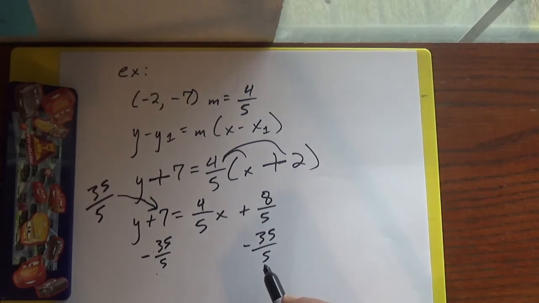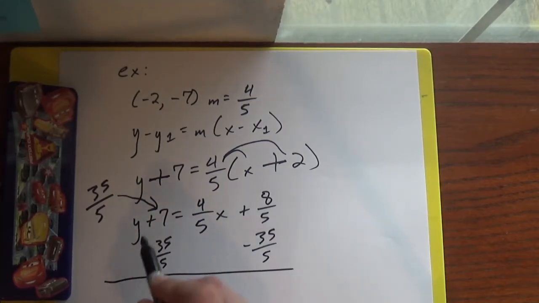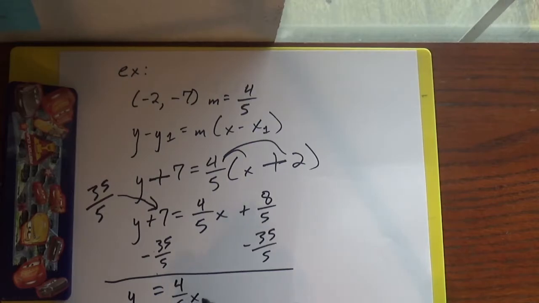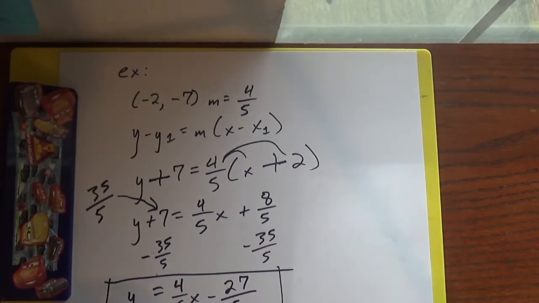And since we have a common denominator, I'm just going to subtract the tops. So my y comes down. These cancel out. My equals comes down. My 4/5 x comes down. And now 35 minus 8, 27/5. And now I've got a slope-intercept equation. So I've got my slope, got my y-intercept. We're good.